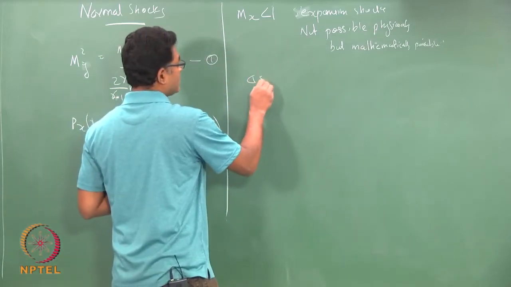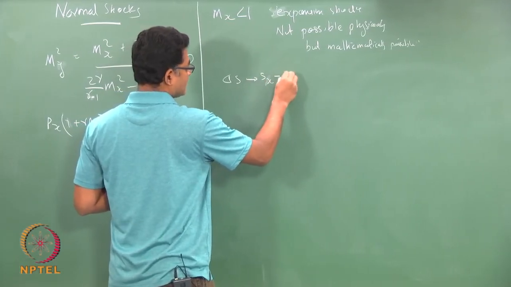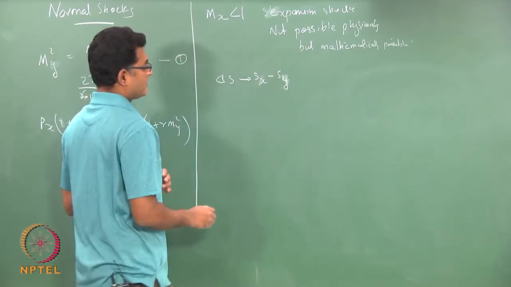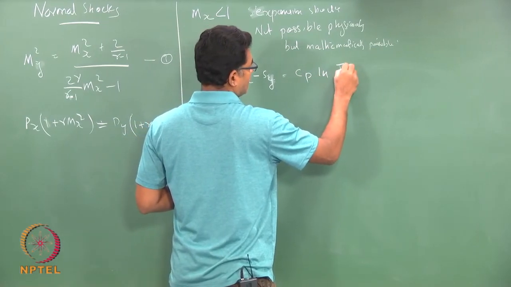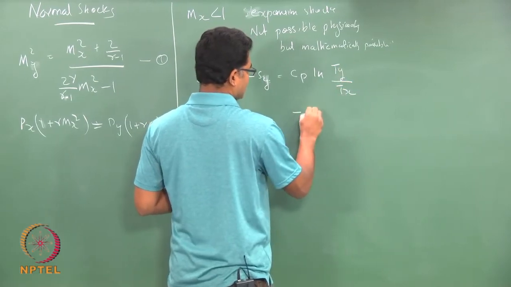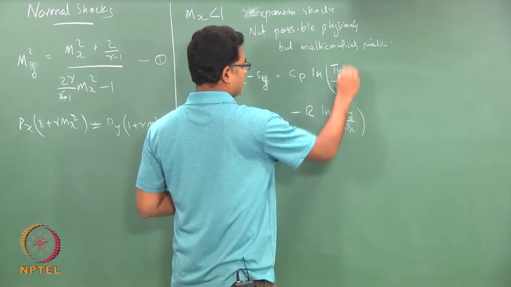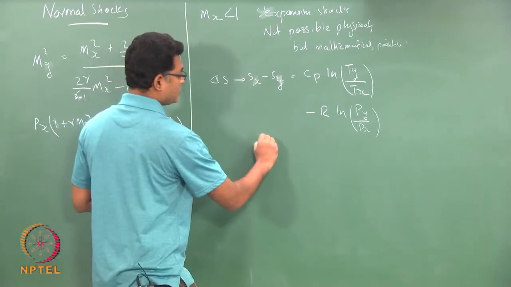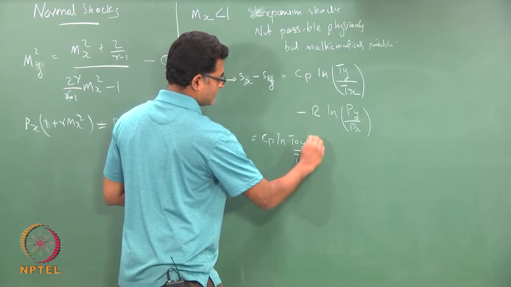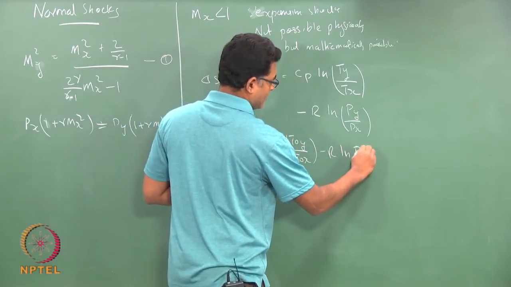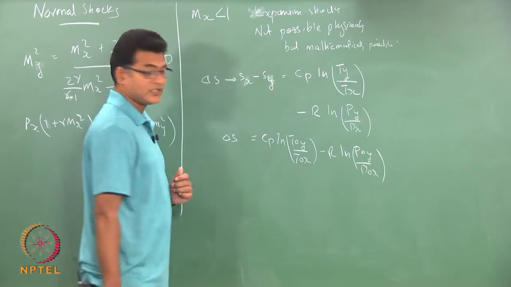So, if I go back to my Gibbs equation, delta S, which is S2 minus S1, or Sy minus Sx, is nothing but Cp ln Ty by Tx minus R ln Py by Px, which is also equal to Cp ln T0y by T0x minus R ln P0y by P0x, because that is the entropy change connecting the two states.